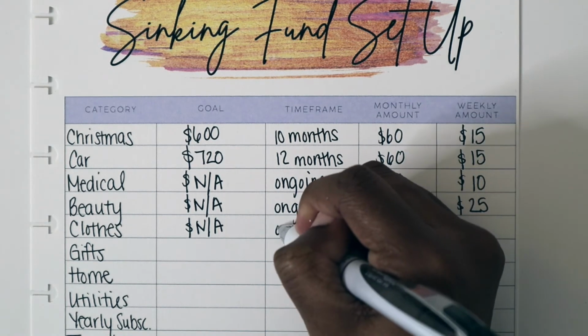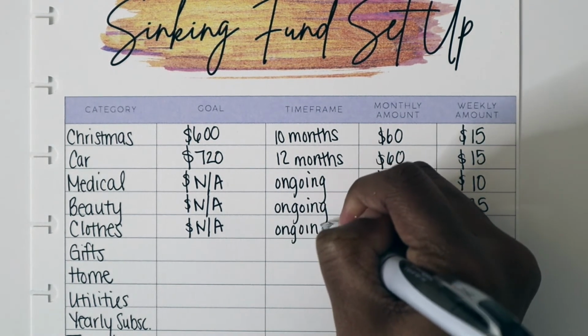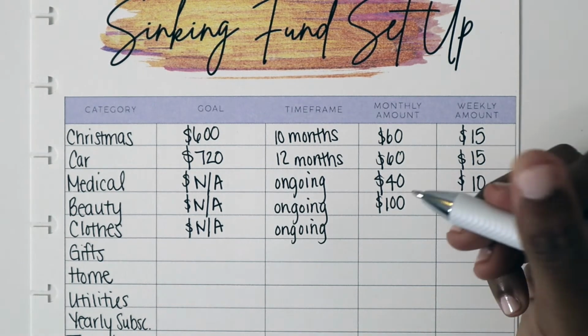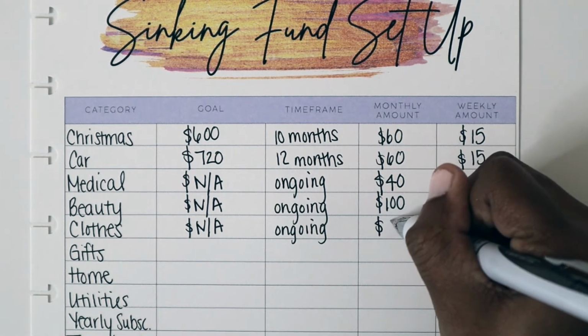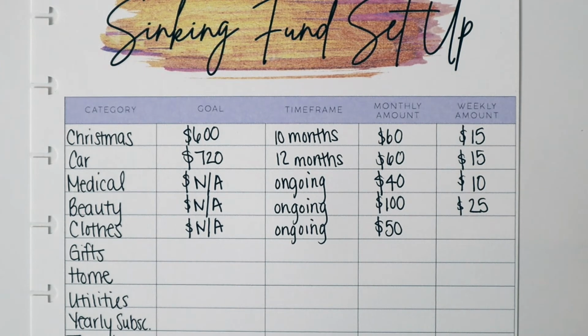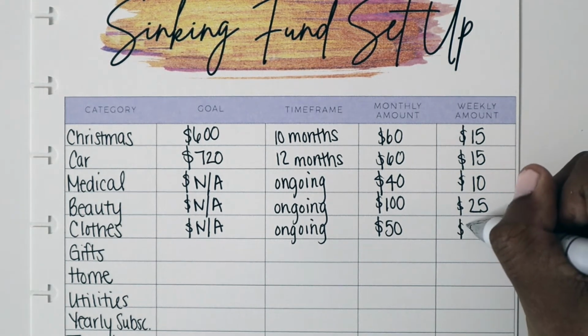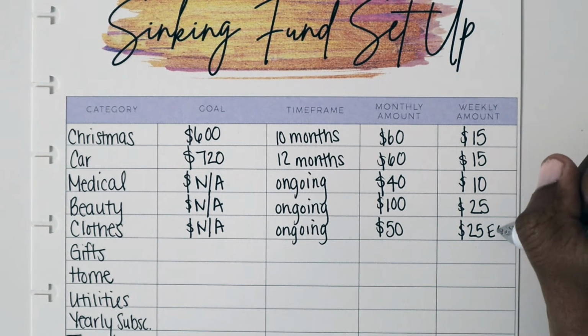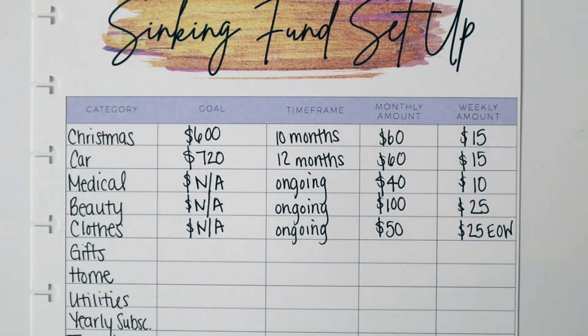It's another ongoing sinking fund time frame, but every month I want us to put at least $50 in there, and it'll be $25 every other week. So this one won't be every week, but it'll be every other week. So EOW.